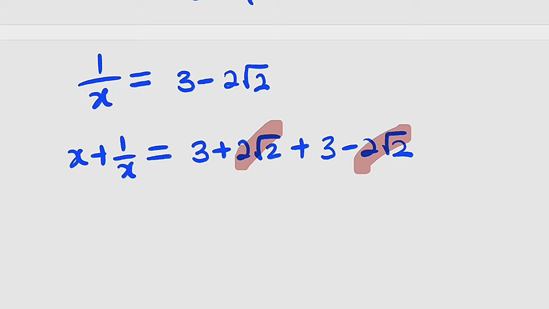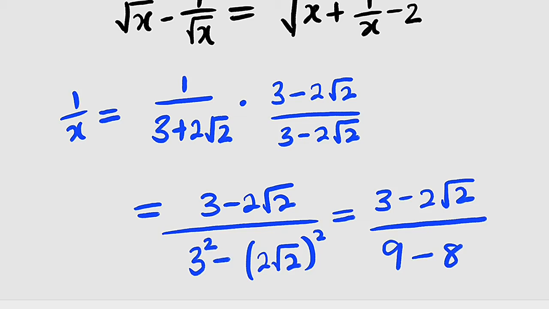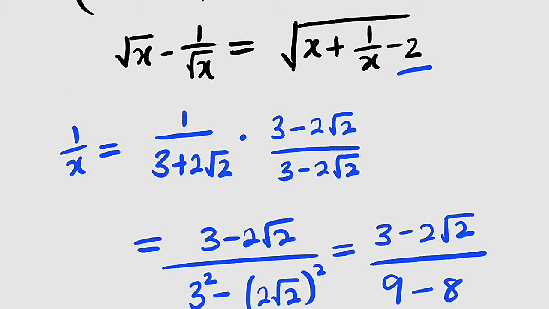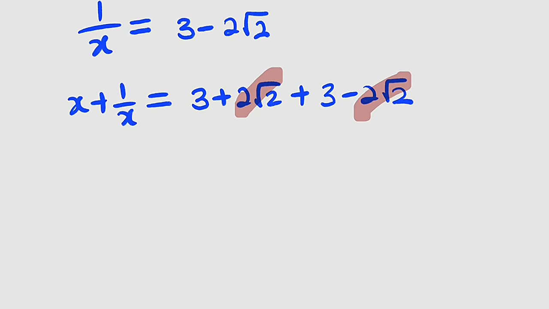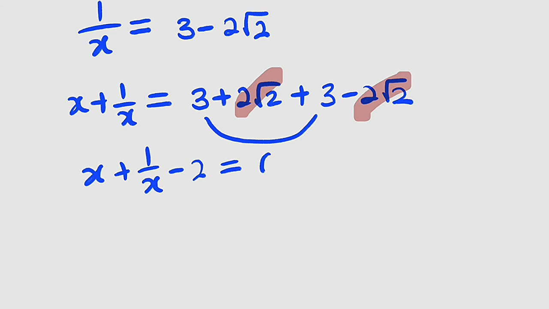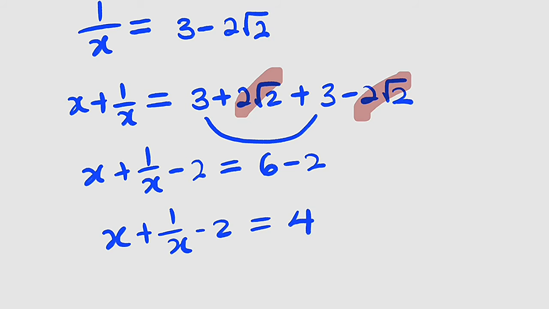What we have is 3 plus 3, which is equal to 6. But already under the square root, we have minus 2, so now let us include it. Therefore, x plus 1 divided by x minus 2 will be equal to 6 minus 2, which is 4.